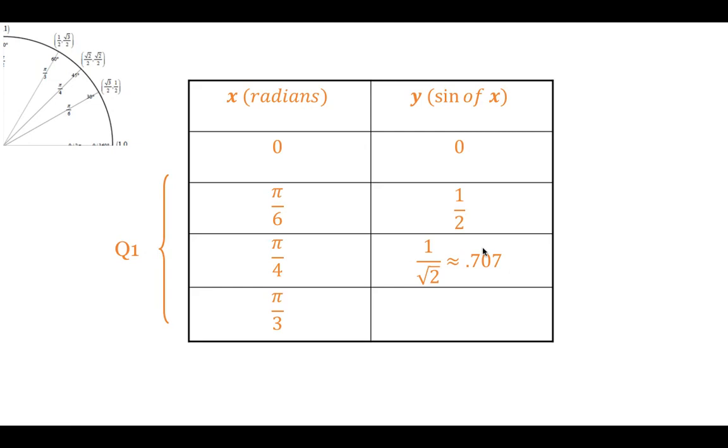We're not ever going to be really referring to that value. And then when my input is pi over 3, my output is root 3 over 2, which is about 0.866. And then you can see what's happening with these values. Oh, look, they're increasing. So in quadrant 1, my sine is increasing.